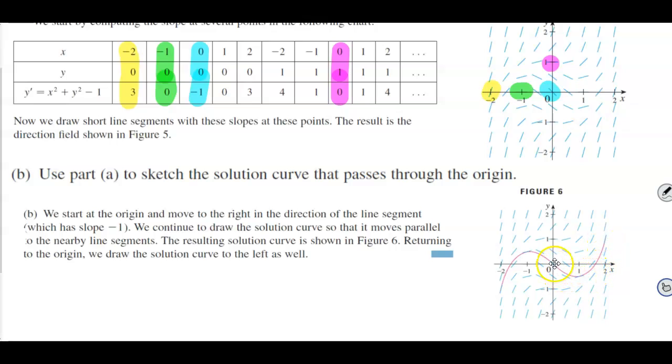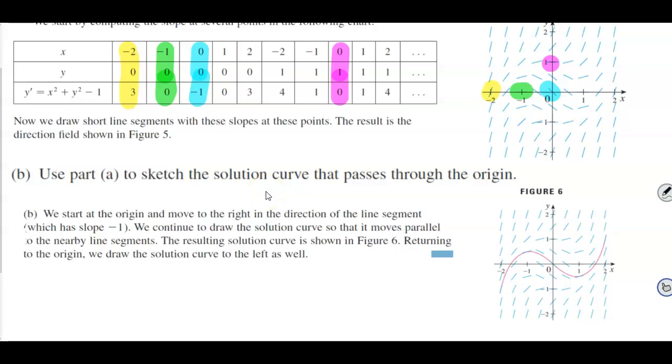If we go in the other direction, returning to the origin and going through it, again we follow this curve, which is parallel to this segment. It hits another segment, so now it's going down, and then it hits those segments and points down all the way towards that segment. It depends on which segments you bounce off of, but this is how you sketch the solution curve that passes through the origin.